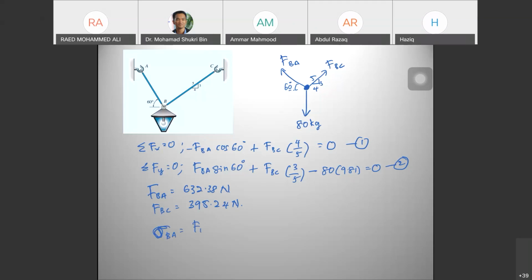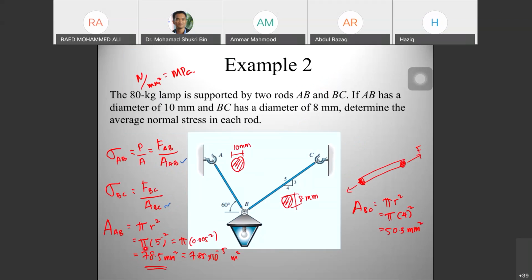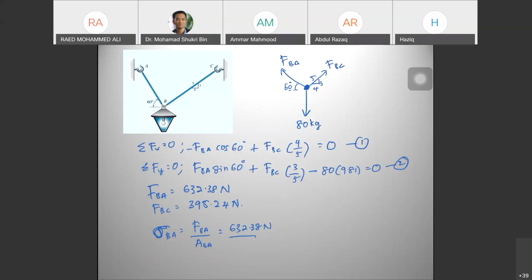So FBA over area of BA, which is 632.38 Newton divided by area of BA, 78.5 millimeter squared.